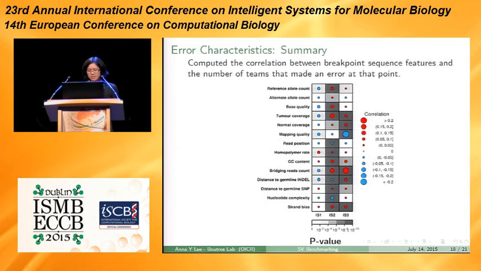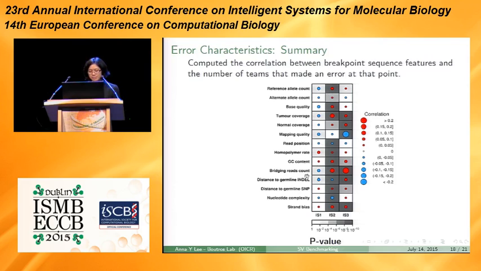Okay, so we can also summarize our error associations in a plot like this, where the columns represent the different tumors, and we have the different sequence features along the rows. Instead, we're showing the correlation between sequence feature values and the number of teams that had an error at those specific breakpoints.